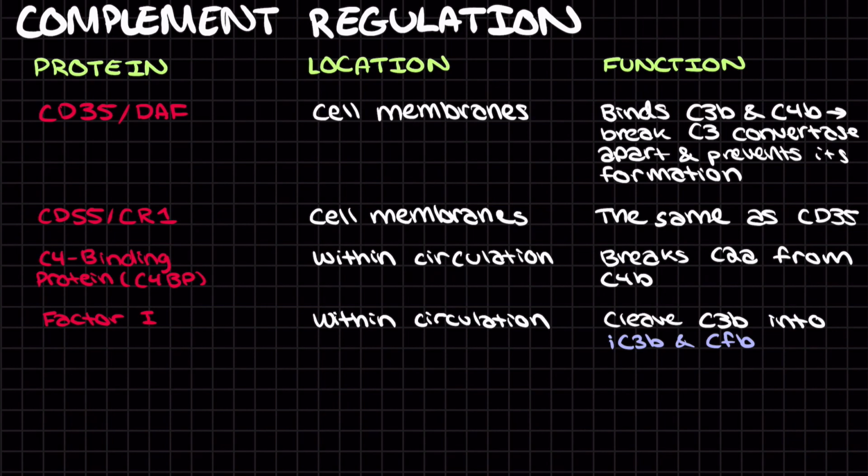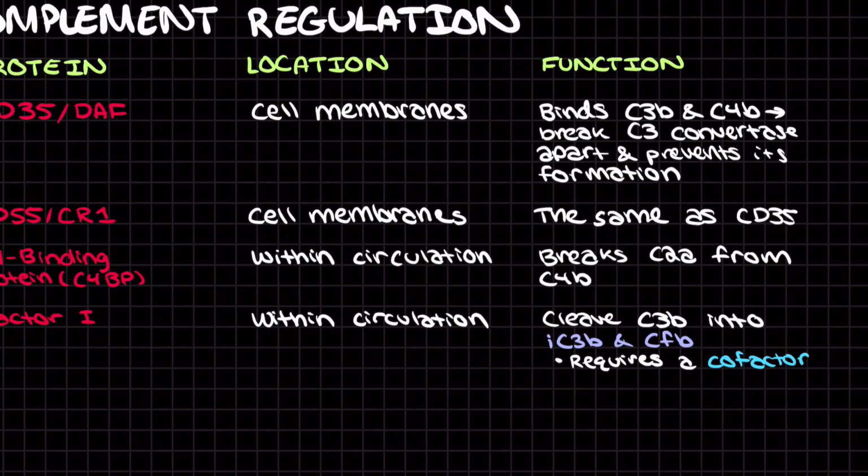Because this is such a powerful tool, it makes sense that there's going to be another form of regulation for factor I. And that form of regulation is that it requires what is called a cofactor. Make a little space here. And cofactors, again, recall back to intro biology, are things that can bind to an enzyme on a place other than the active site and increase the enzyme's function or allow the enzyme to function properly.